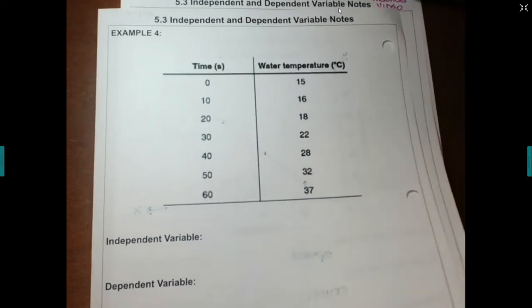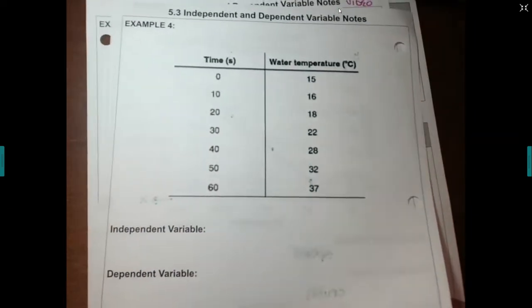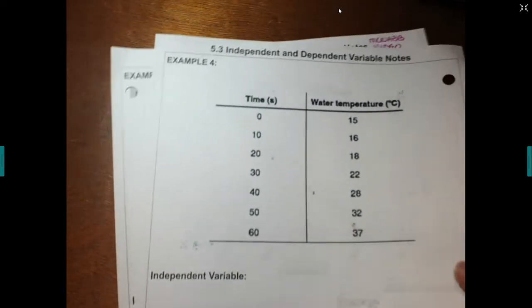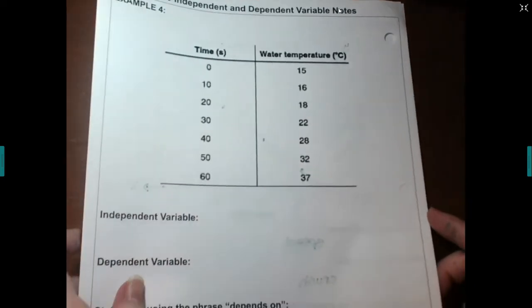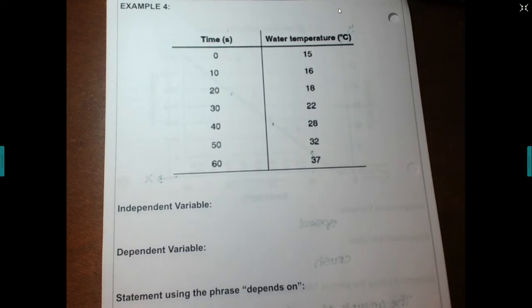Okay, next up. Oh, this one's not too bad. So this is a table. We had a graph, now we have a table. And if you remember, we talked about how when we have a table like this, what am I looking for? This pen, that's what I'm looking for.